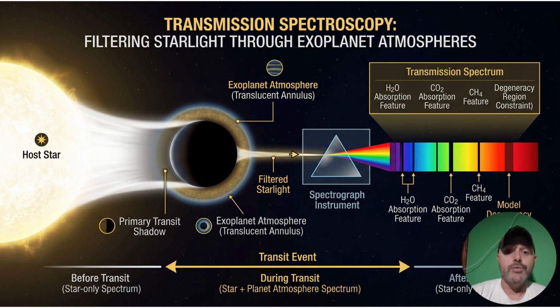By capturing this with a spectrograph, we can decode the molecular fingerprint of that distant world, so we can actually figure out what that atmosphere is made of through spectroscopy.